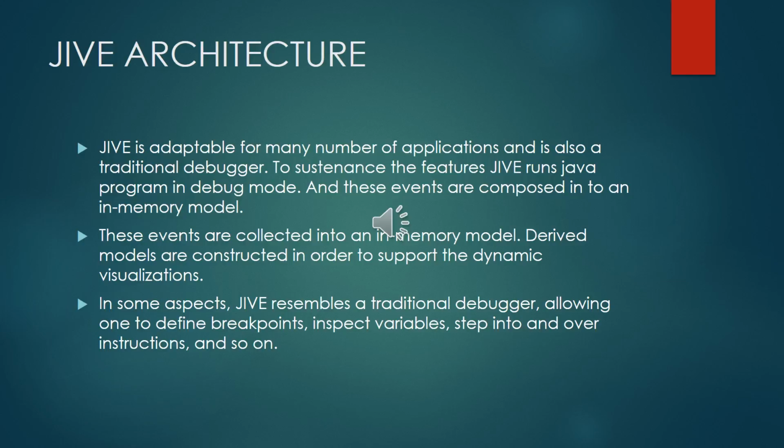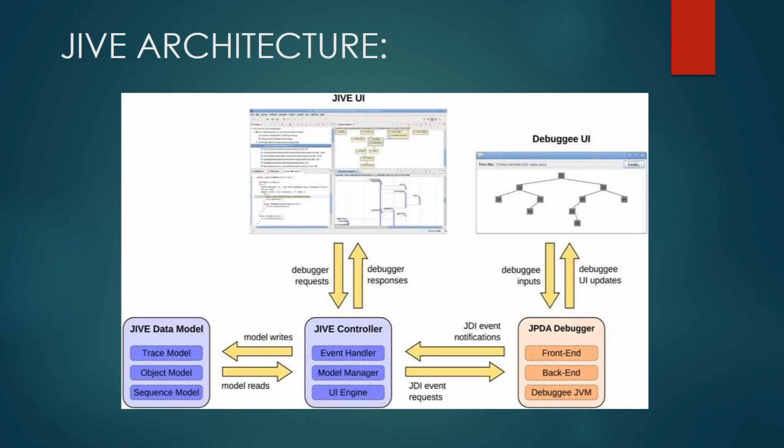Derived models are constructed in order to support the dynamic visualizations. In some aspects, JIVE resembles traditional debuggers, allowing one to define breakpoints, inspect variables, step into and over the instructions, and so on.